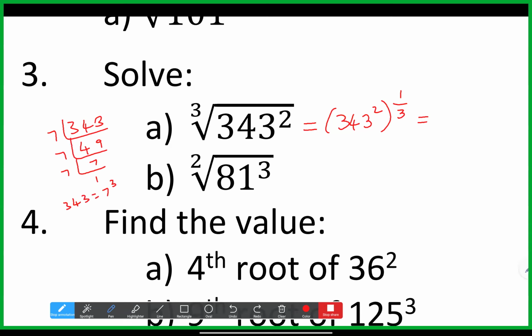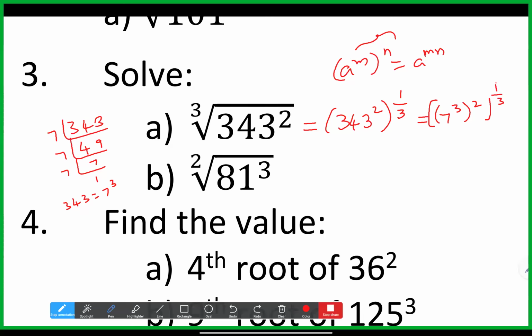Already here 2 is there, and one more power 1 by 3. Now we'll apply a power m whole power n. You have powers on the top also, you can multiply them, Ashwa.